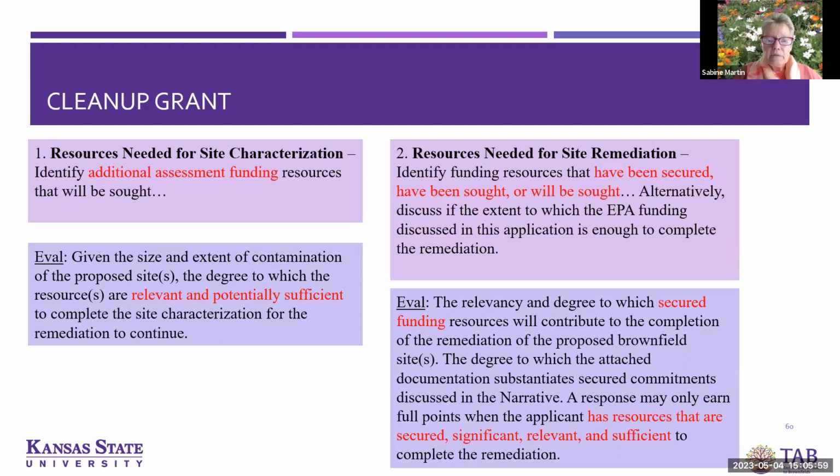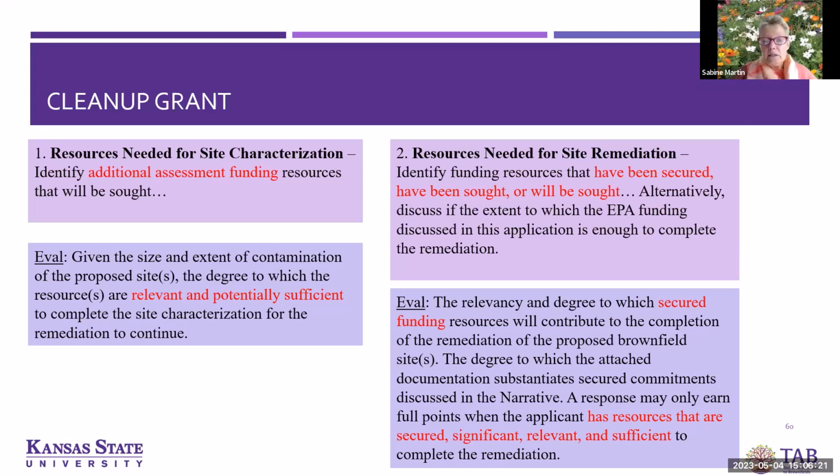Secondly, you need to identify resources needed for site remediation. Now, this is the one where you are asked to have secured already some resources. It says for resources that have been secured, have been sought, or will be sought.